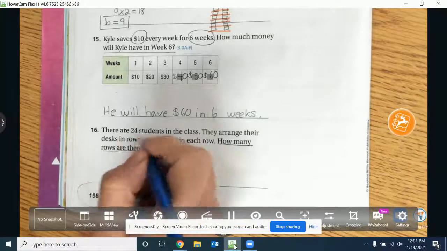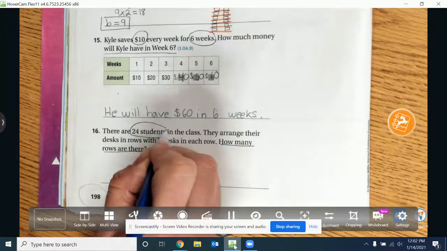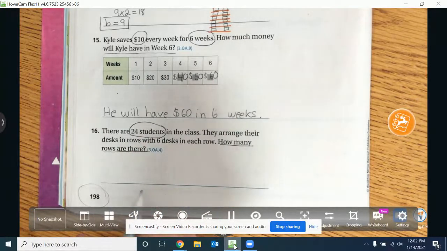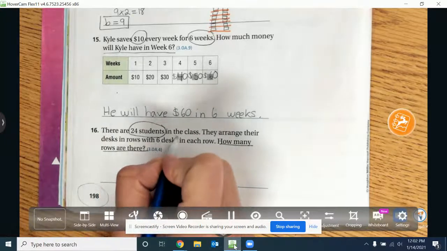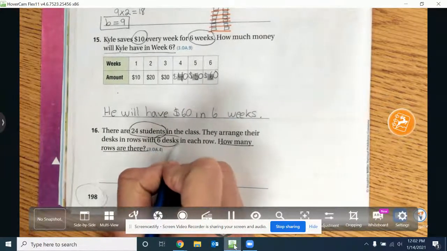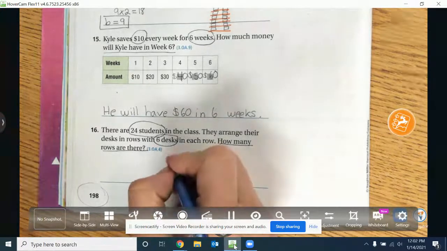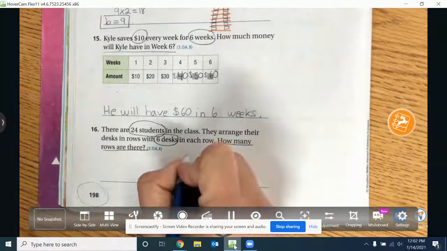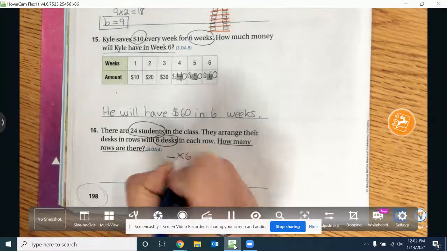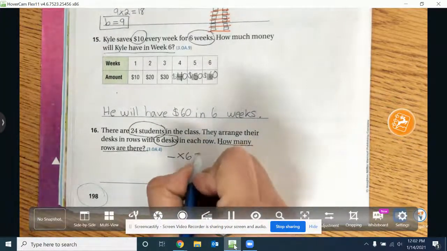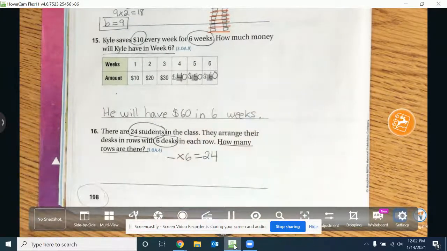Information: there is a total of 24 students in the class. They are arranged in desks in rows of 6. So 6 desks. In other words, what number times 6 will give us 24 students all together?